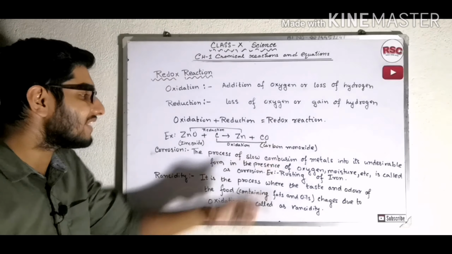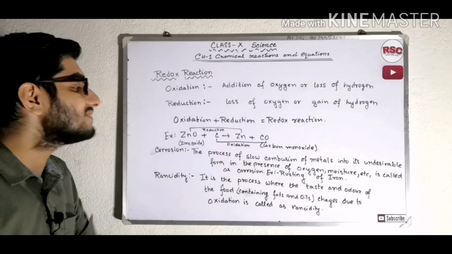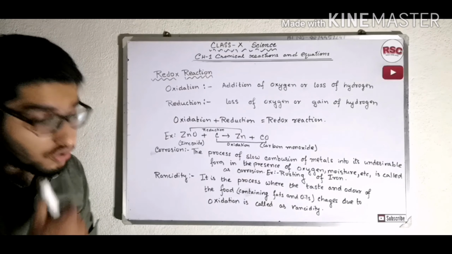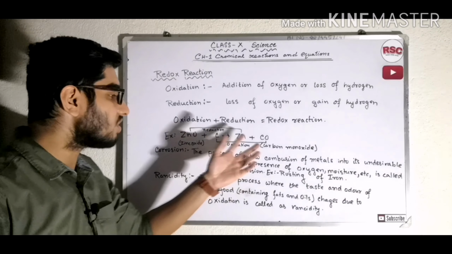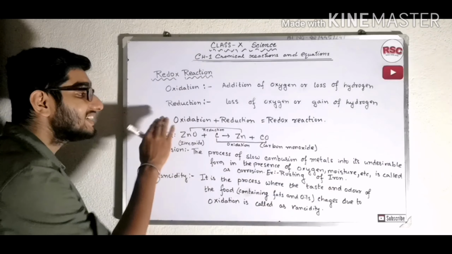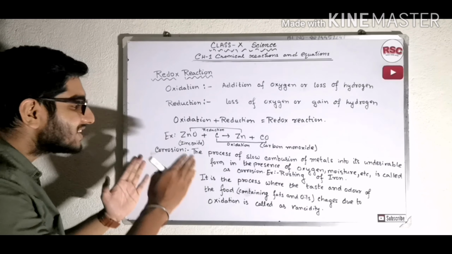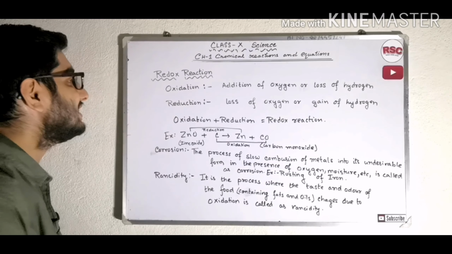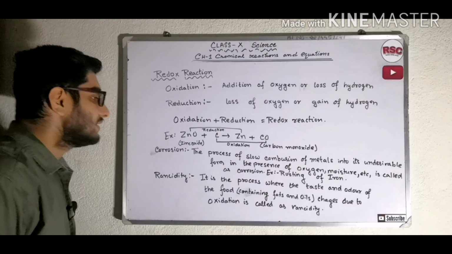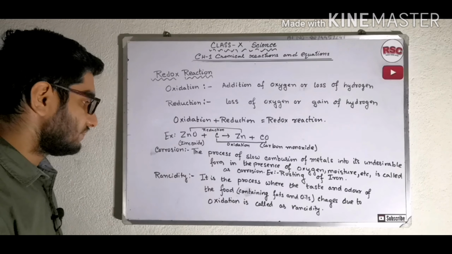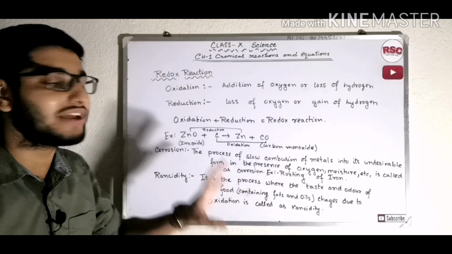And where oxygen is added to C, it becomes CO. CO is carbon monoxide, students, and since oxygen is added, it is called oxidation. When oxidation plus reduction occurs simultaneously in any equation, it is called a redox reaction.